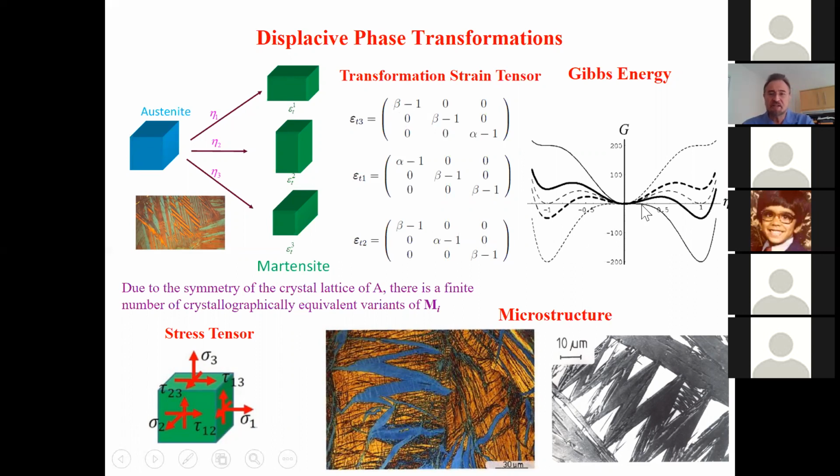And this is the Gibbs energy. This minimum corresponds to the low pressure phase, these 2 to variants of the high pressure phase. When the minima are equal, then the phases are in equilibrium. Then when we increase stresses, the minimum for the high pressure phase reduces, but there is a barrier. And if this is low temperature and we neglect thermal fluctuation, nothing happens.